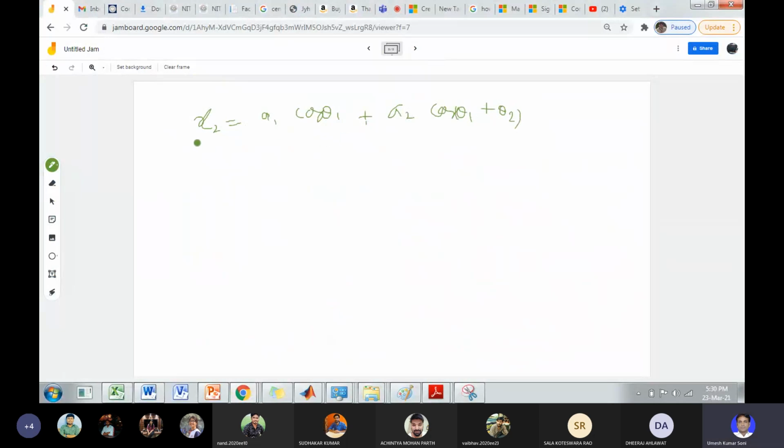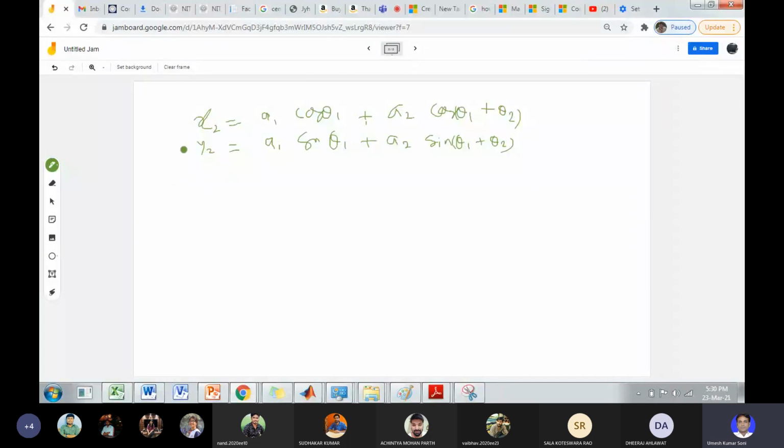Clear? And y2 equal to a1 sin of theta 1 plus a2 sin of theta 1 plus theta 2. Is it correct? Yes sir.